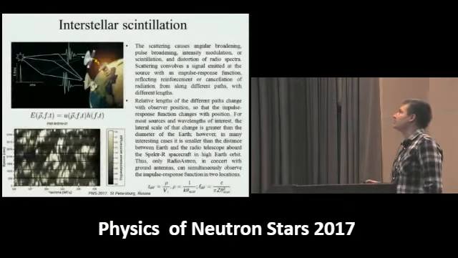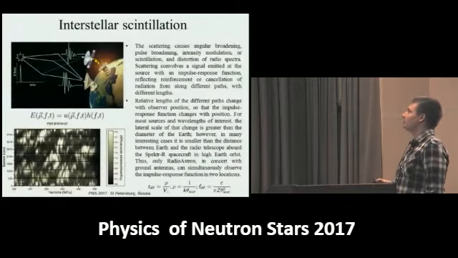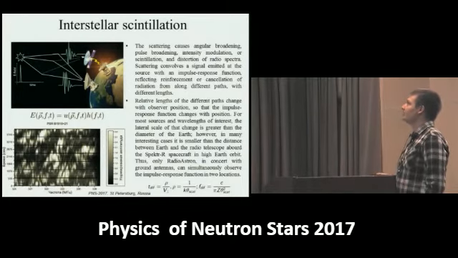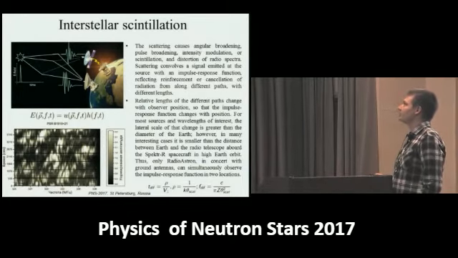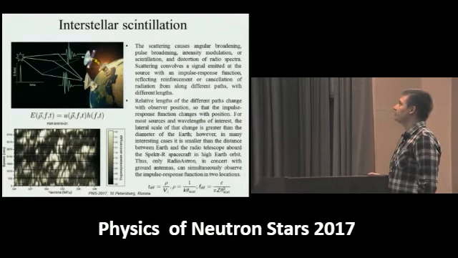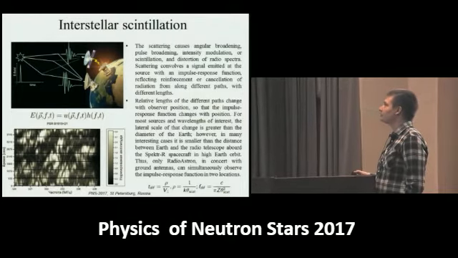Scattering causes angle broadening, pulse broadening, intensity modulation or scintillation, and distortion of radio spectra. Scattering involves a signal emitted at the source with an impulse response function reflecting a reinforcement or cancellation of radiation from different paths with different optical lengths.